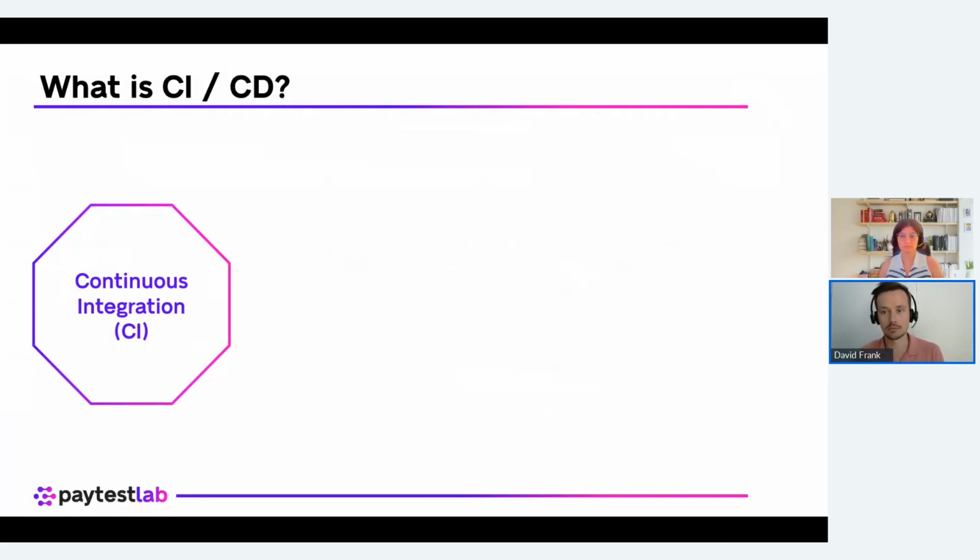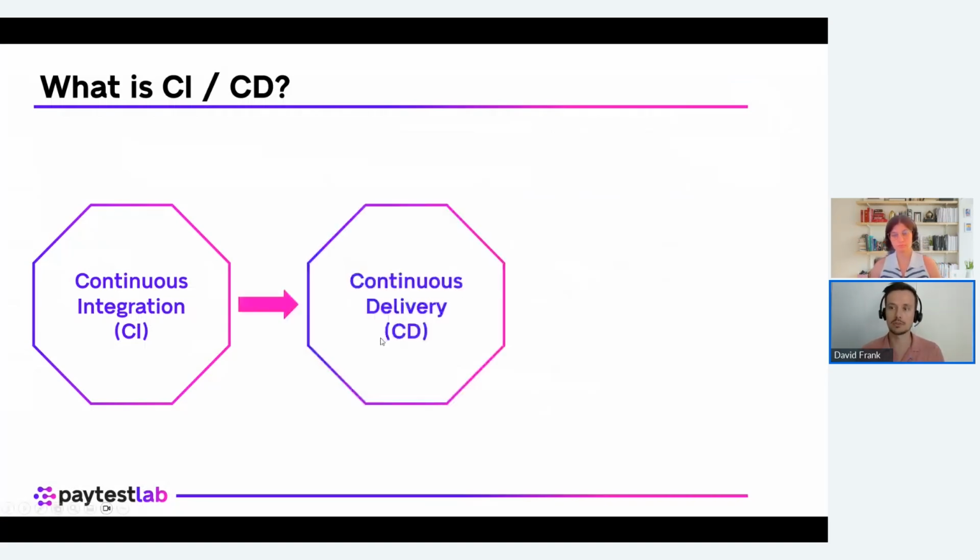From continuous integration, you move then into continuous delivery. Once you have tested your first code, you release it into production, and then you automate different test cycles and processes so that in the production environment, you still make sure that all the tests are executed regularly.